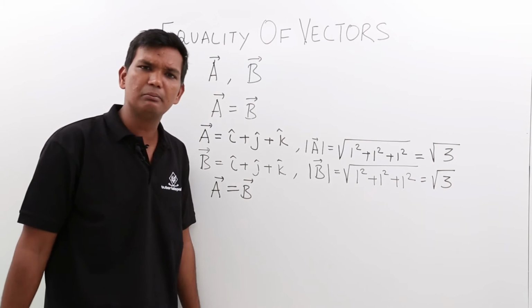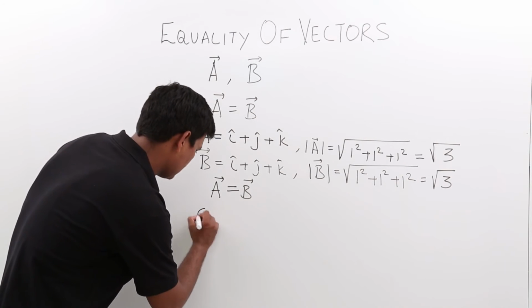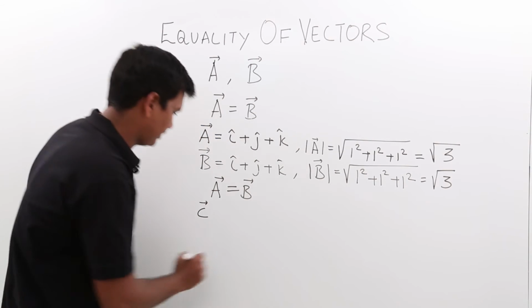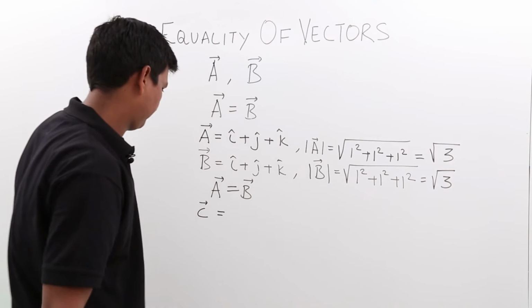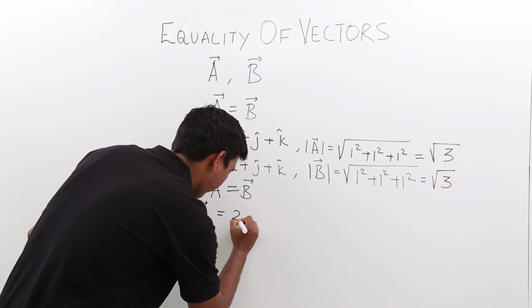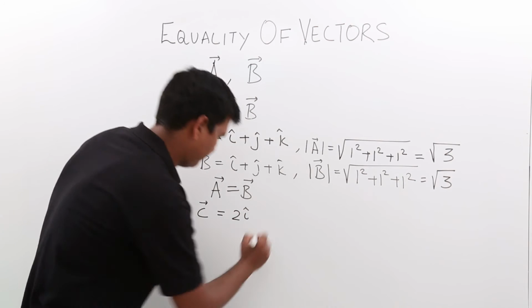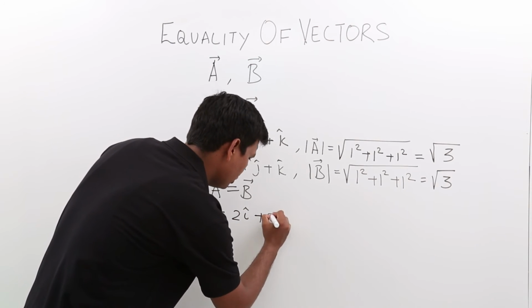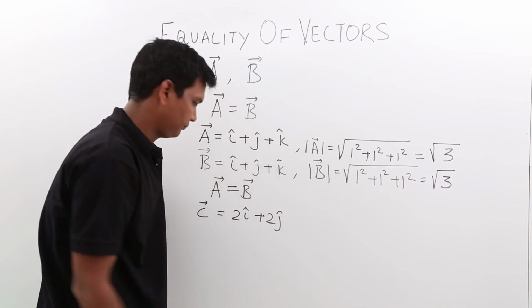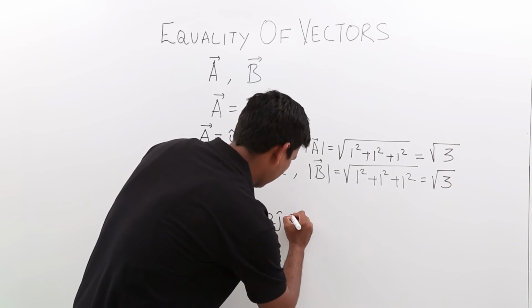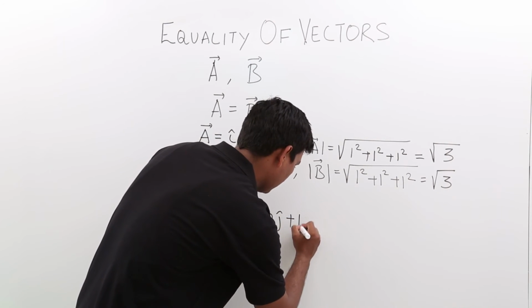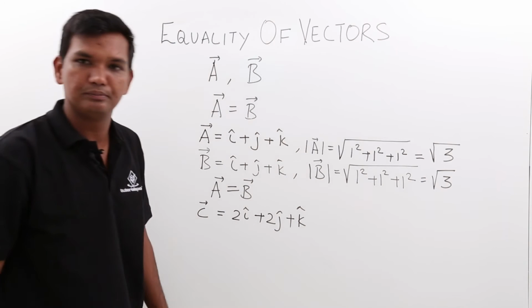Let us take another example. Let us say that there is a c vector given by 2 I cap plus 2 j cap plus k cap.